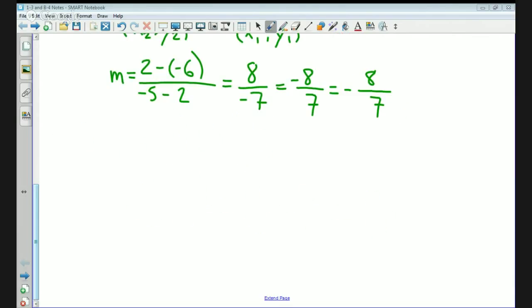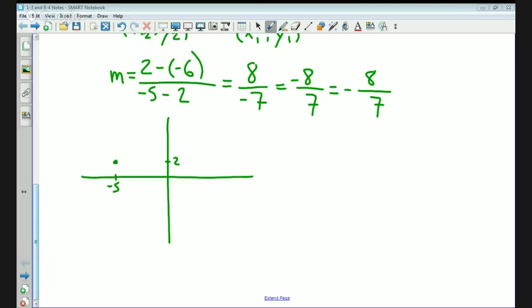And what this negative 8/7 tells me is that I should be seeing, as I move from left to right in my coordinate system, a line that has y values that get smaller as I move in that direction. So let's go ahead and plot these points. Negative 5, we'll put that back here, and 2, I'll put right there.